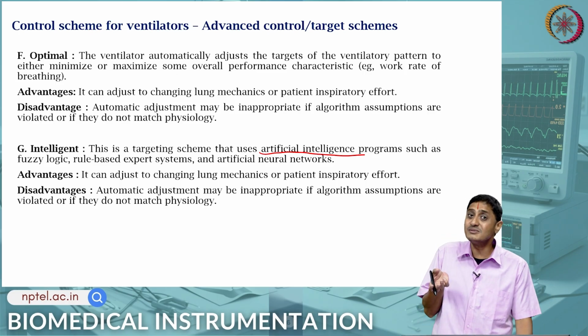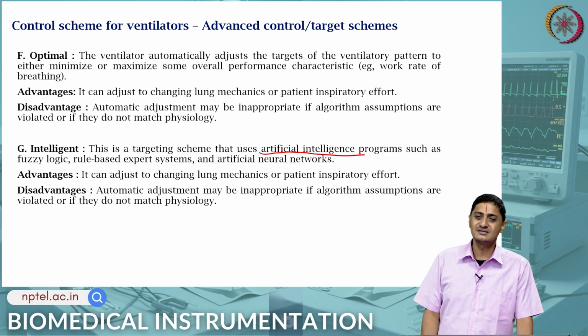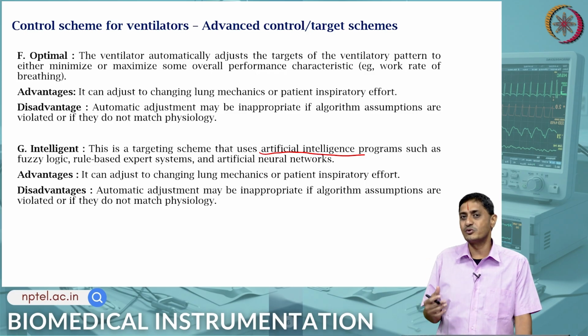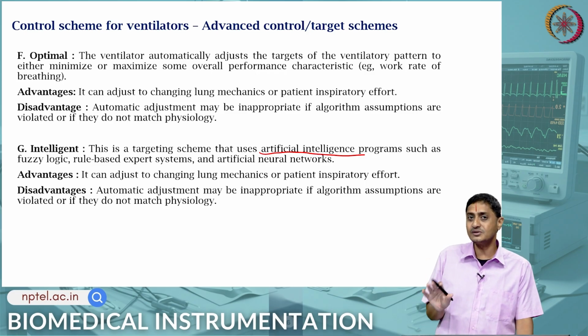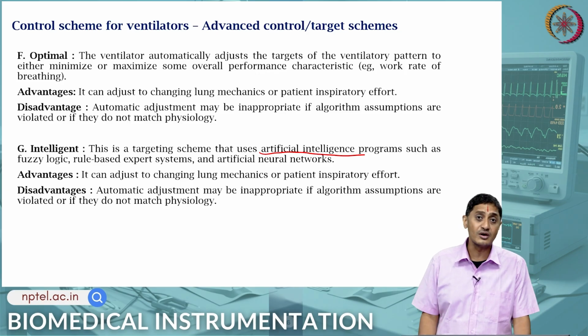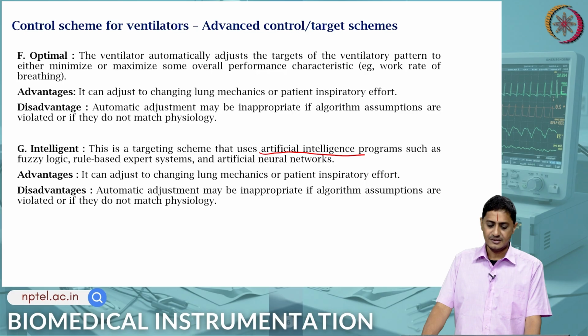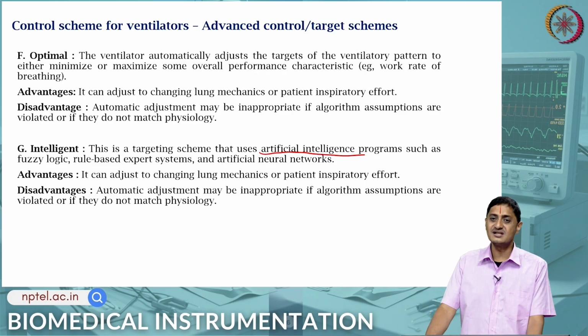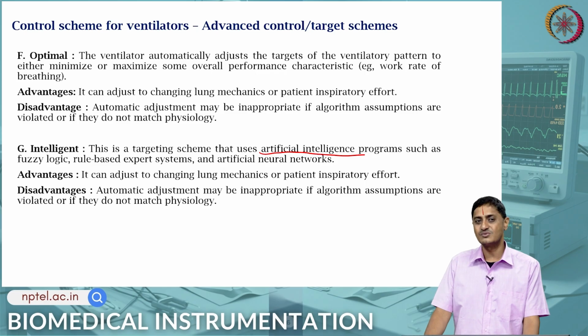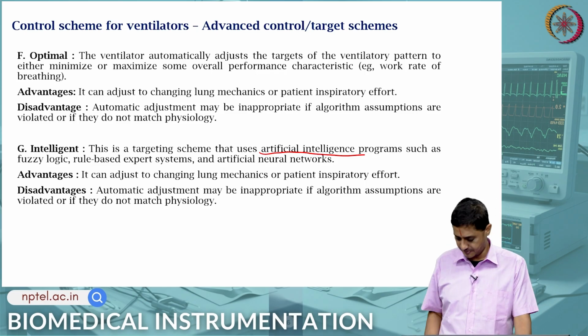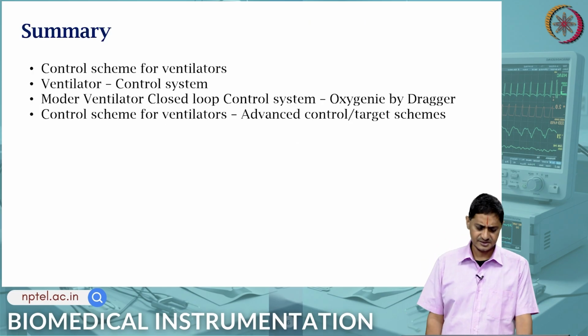The control algorithm itself changes. Say the patient is improving, showing some inspiratory effort. According to that, the control algorithm will now be different from what it was, say, 1 hour ago or 1 day ago, for example. Once again, the challenge is that if you have an assumption that is violated, then you have a serious problem. Right.